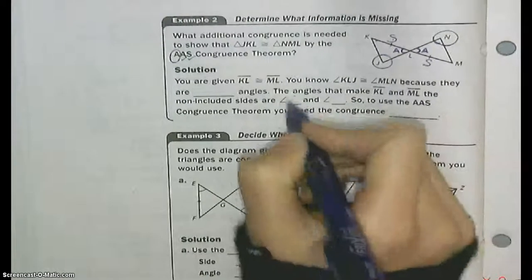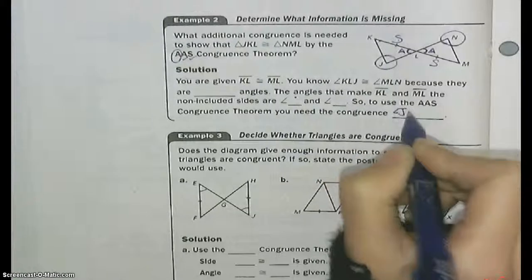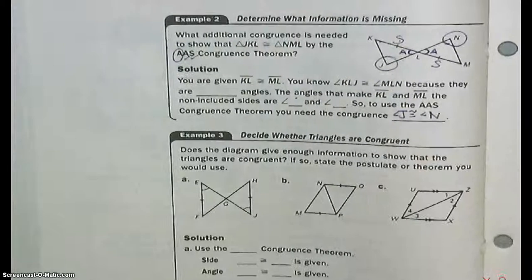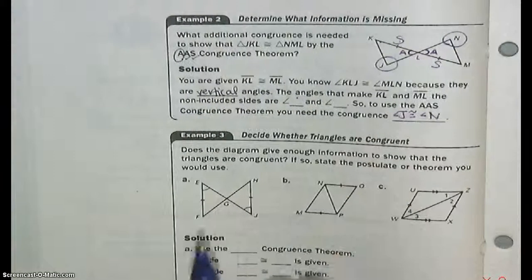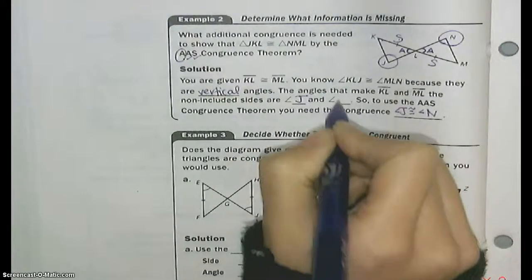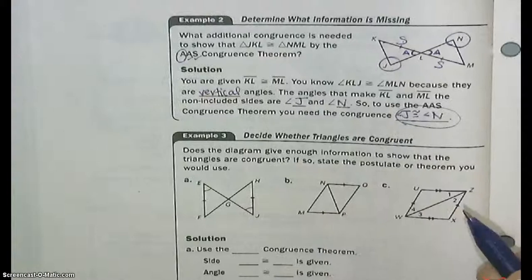I need angle J to be congruent to angle N. All right, I used my vertical angles already. That's one angle. That was a side we needed. And then we needed angle J and angle N. So this is the additional congruence we need.